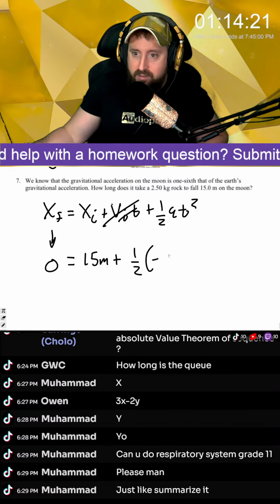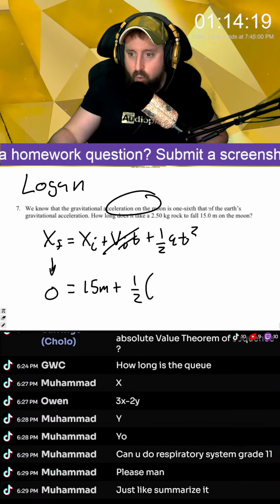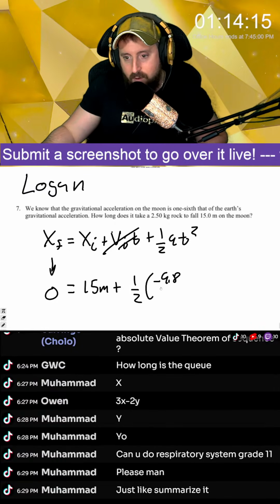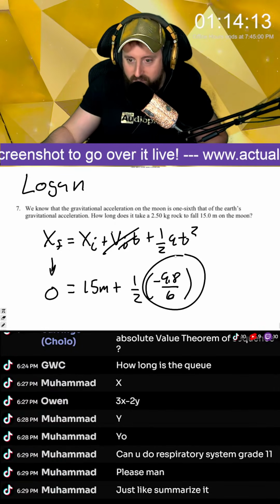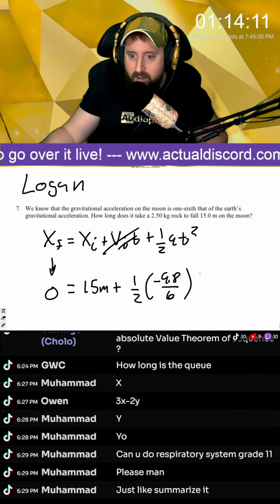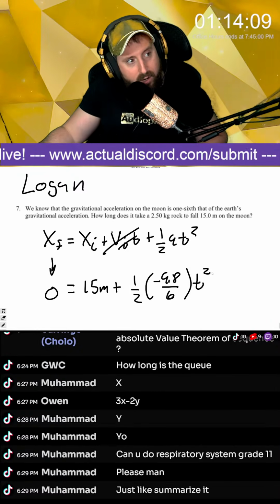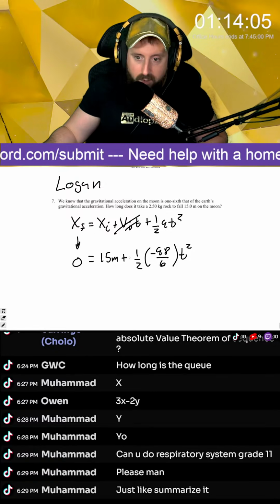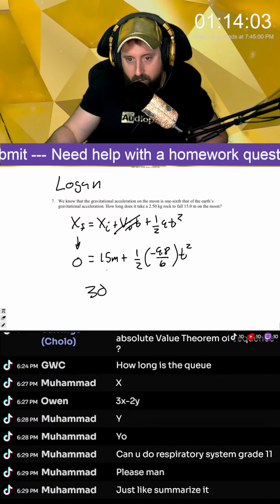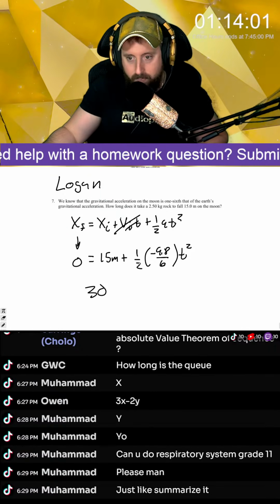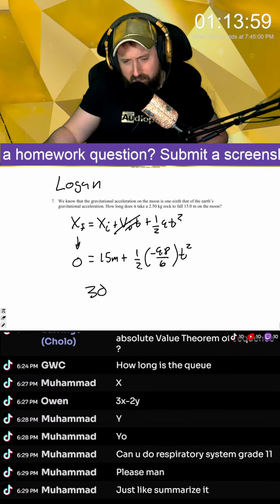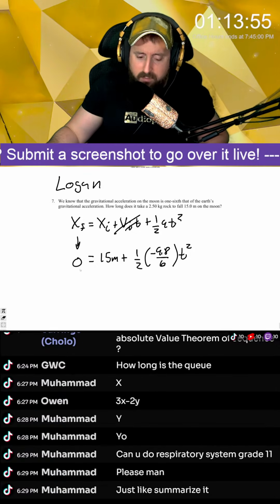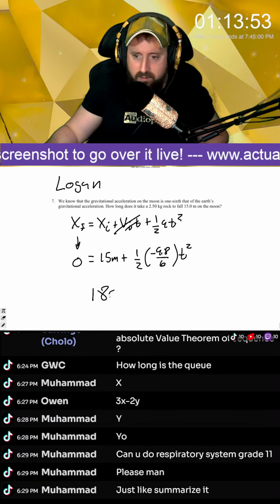However, in this case, we know that the acceleration is 1/6 that on Earth. So it's going to be negative 9.8 over 6. This is 1/6 the gravity. And then that's going to be t squared. Cool, right? So you can solve for this. I move that over. I multiply by 2. I can also multiply by 6, I guess, as well. So 15 times 2 is 30 times 6 is 180.